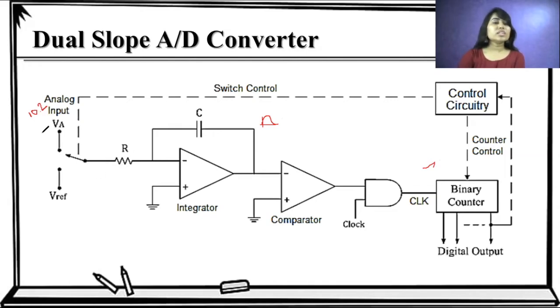Now we consider this a positive value, so our reference voltage must be negative, and if our analog input is negative, then the reference voltage must be positive, for a correct ramp signal. Using this positive and negative combination, we can control the binary counter. Now we have a ramp signal like this, and its slope is compared with this, so we have a comparator. Here we have a positive input which is connected to the ground, so basically we have a 0.